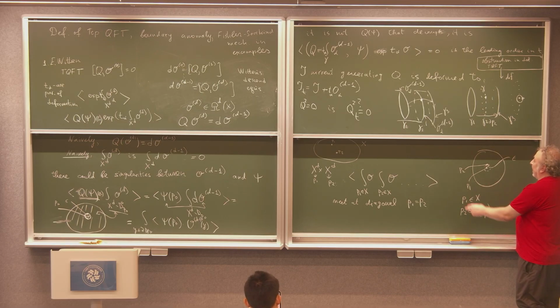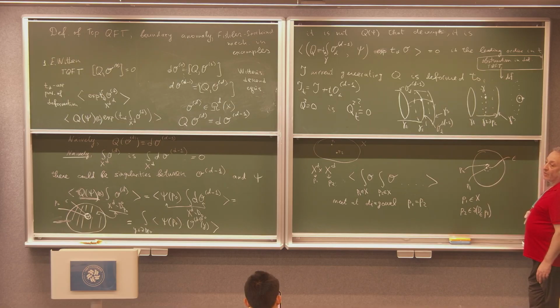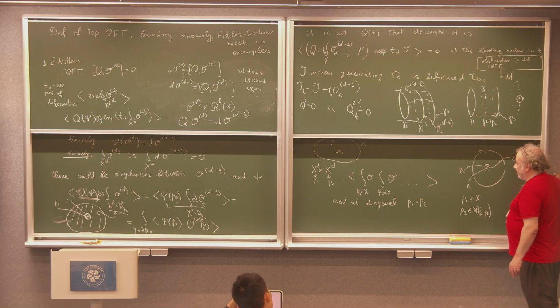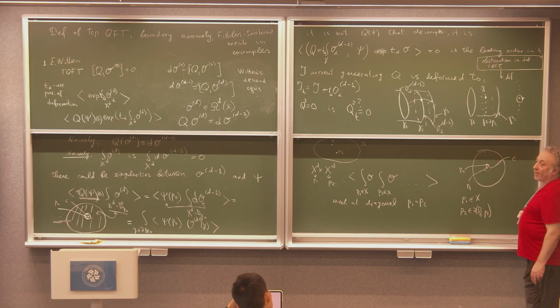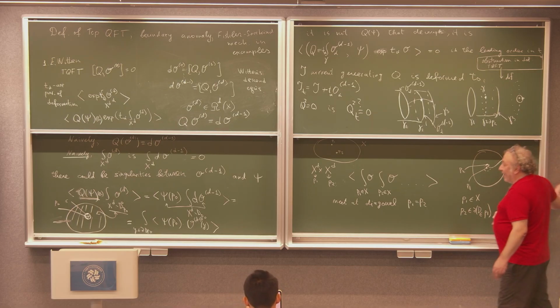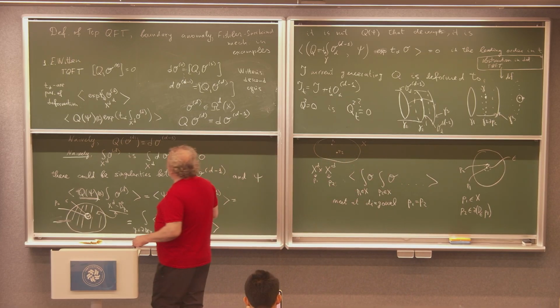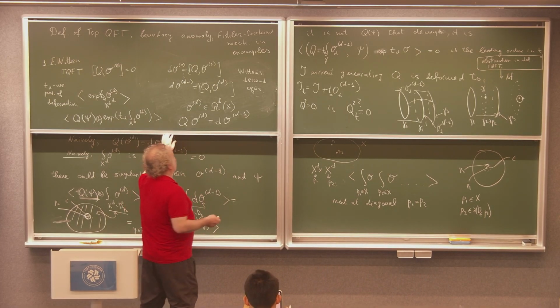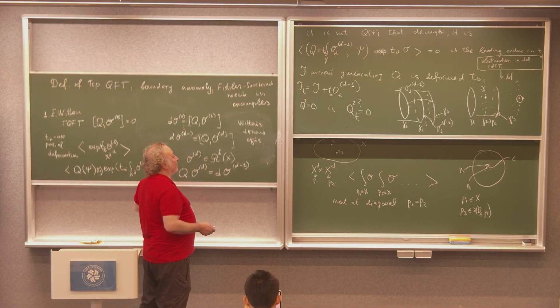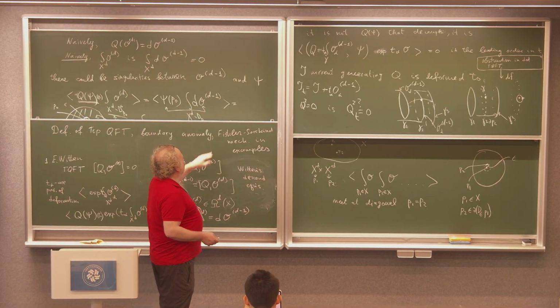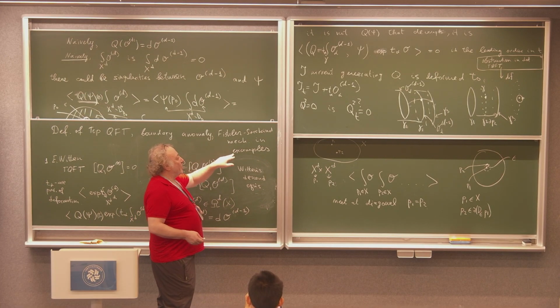And this is the boundary configuration that we have. And this is called boundary anomaly. And now in advance, I'll tell you that sometimes it's possible to cancel this boundary anomaly by what is called the Fischler-Susskind mechanism.